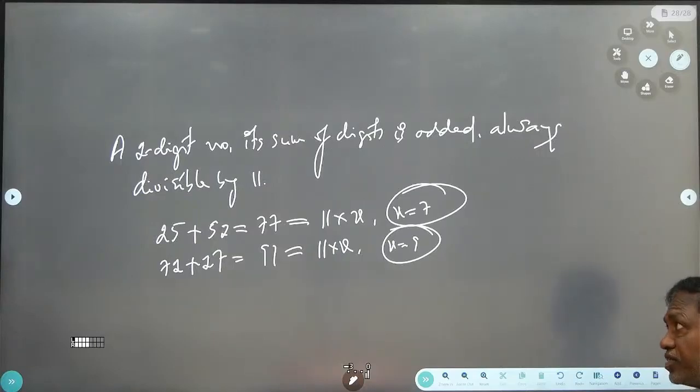See, subtracting the digits from a 2-digit number is always divisible by 9, and adding the digits is divisible by 11. It can be registered in our mind. Yes. Next.